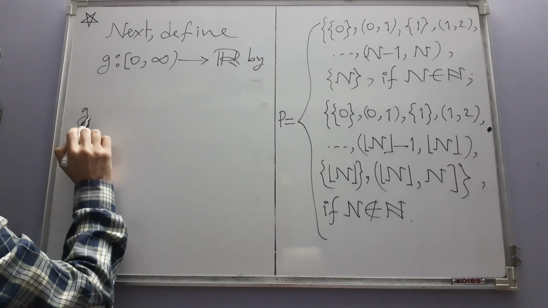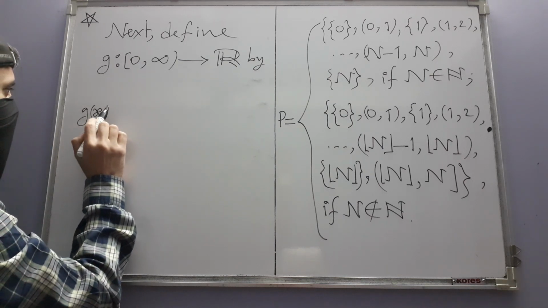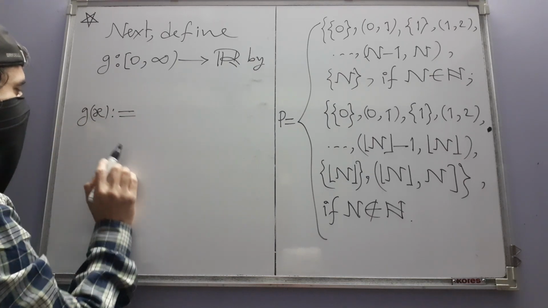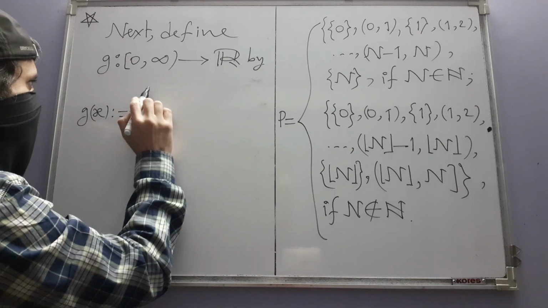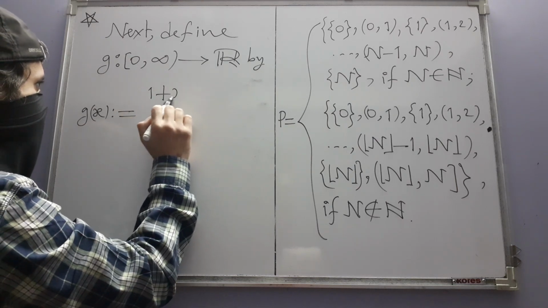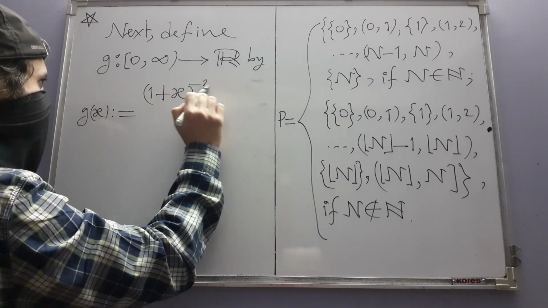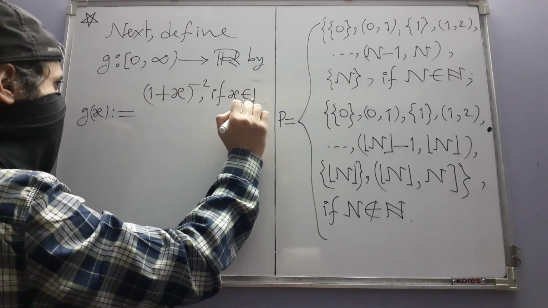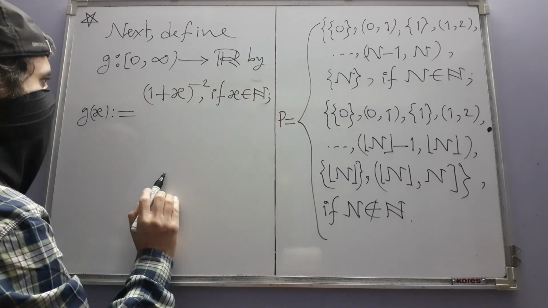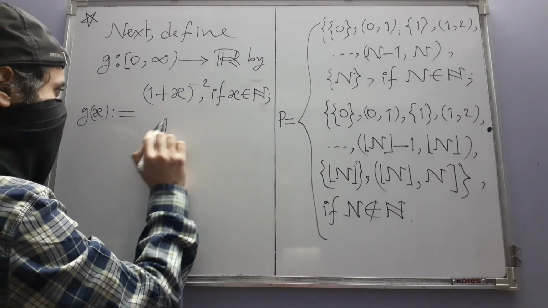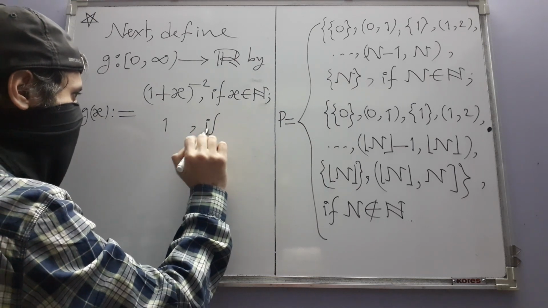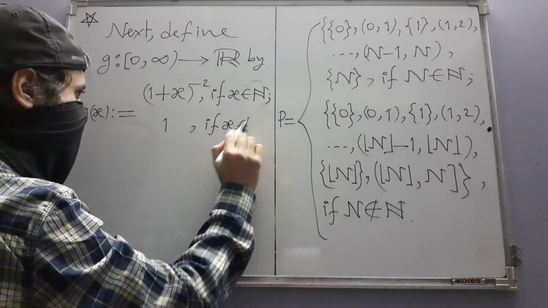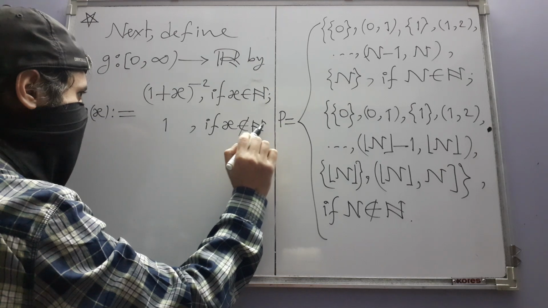By this rule, g(x) this time is 1 plus x to the power minus 2 if x belongs to N, and 1 if x does not belong to N.